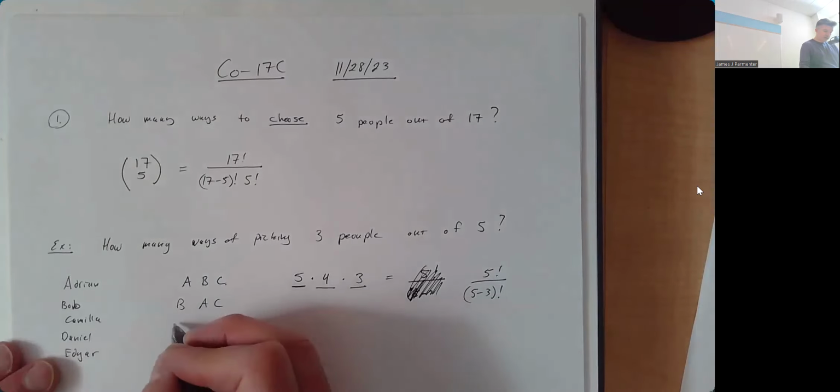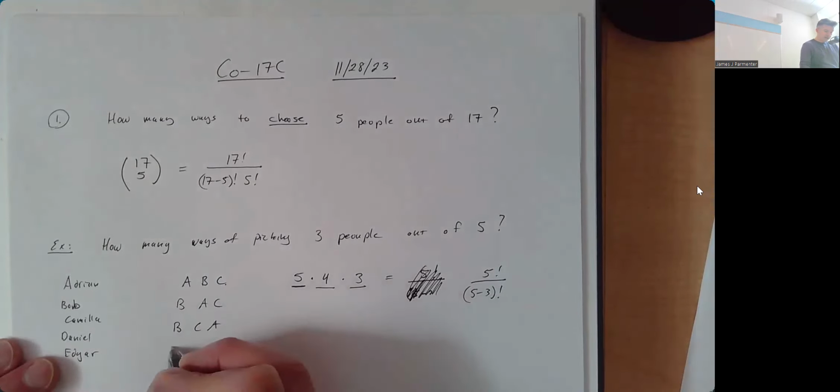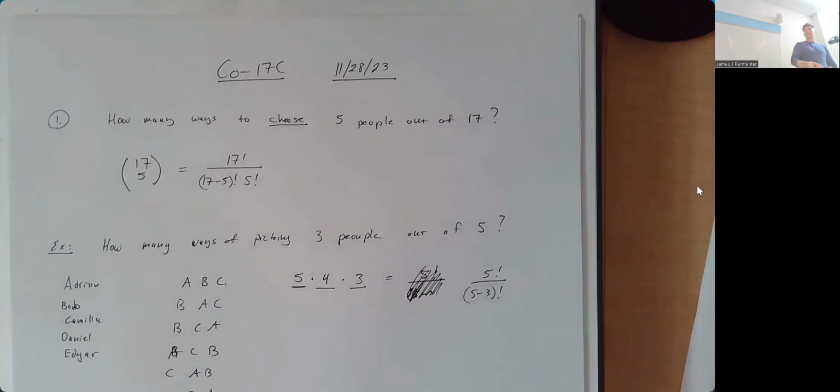Or I could have picked B, then C, then A. Or A, then C, then B. Or C, then A, then B. Or C, then B, then A. And all 6 of these different orders of picking the same 3 people are getting counted differently in this 5 times 4 times 3.